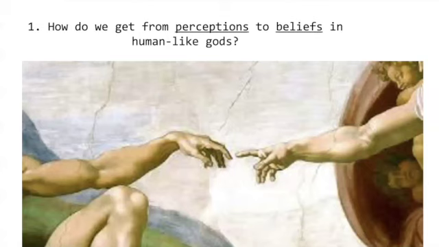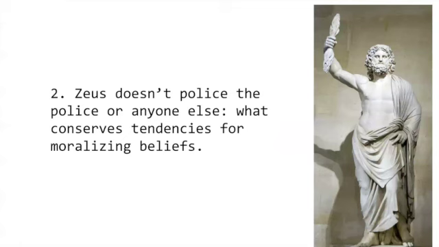Well, there are some problems with this view, and that's going to bring us to the point of commitment signaling. The first problem is, how do we get just from perceiving things to beliefs in gods? That seems to be a really large evolutionary leap. It's particularly large if the gods themselves don't actually police behaviors. So we'll use the example of Zeus.